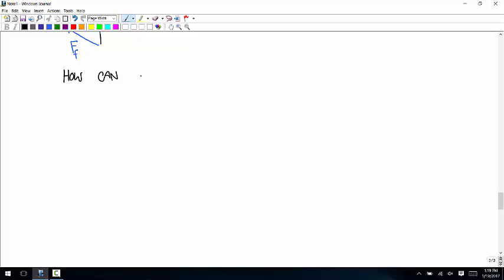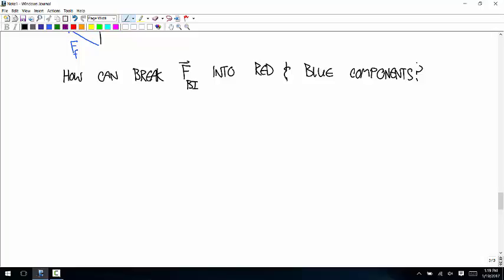Okay, so how can we break up that vector, that force on the block by the incline vector, into the red and blue components that's shown in that picture above? Well, one way, like I mentioned, is if we would have switched the coordinate system to start with, it would have been easy because one's in the x direction, one's in the y direction.